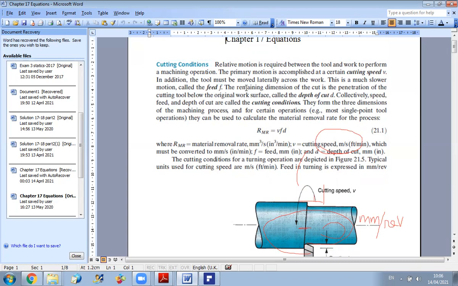Therefore, in this case, the removal rate can be calculated as the cutting velocity v times the feed f times the depth t, the depth of the cut. In addition, we can say that this turning process is a single point tool operation because you have one cutting face.